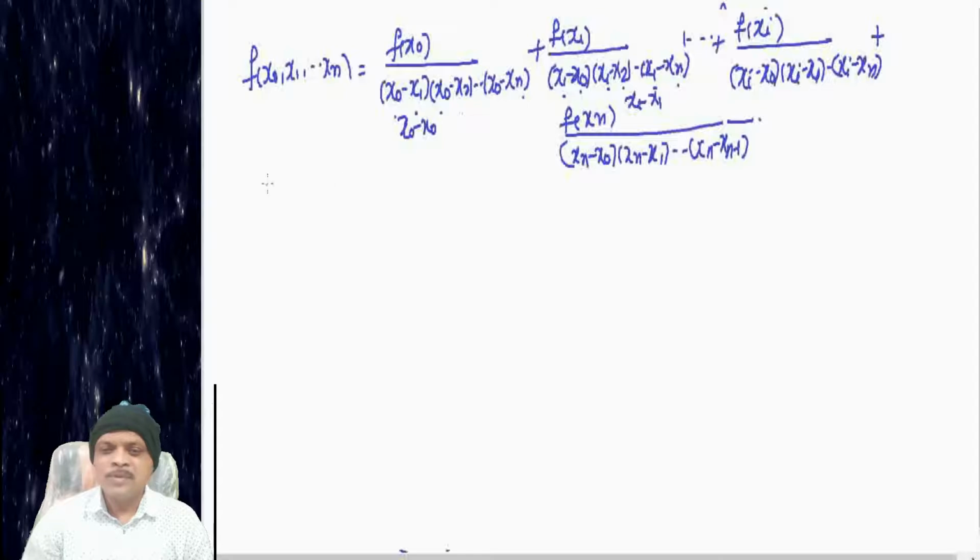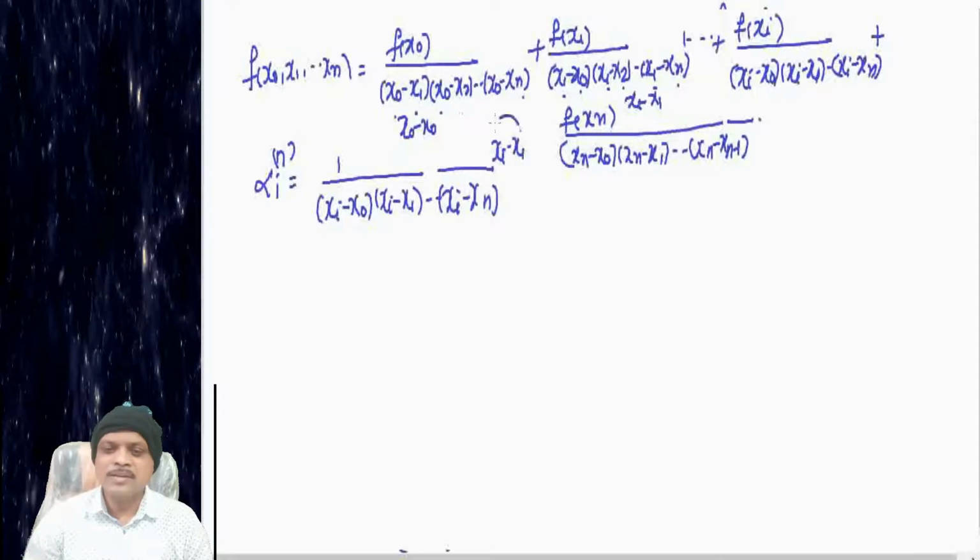So in the nth divided difference, the coefficient of f of xi is 1 divided by xi minus x0, xi minus x1, up to xi minus xn. Here the term xi minus xi is omitted. Okay, so we assume that this result is true.